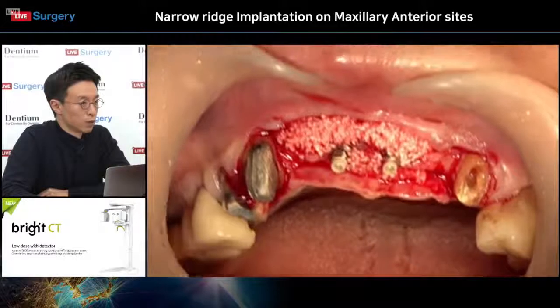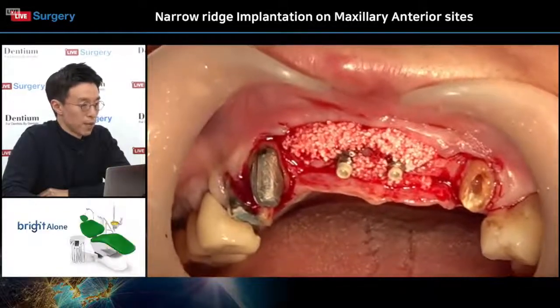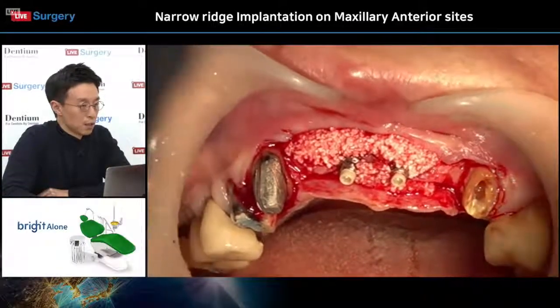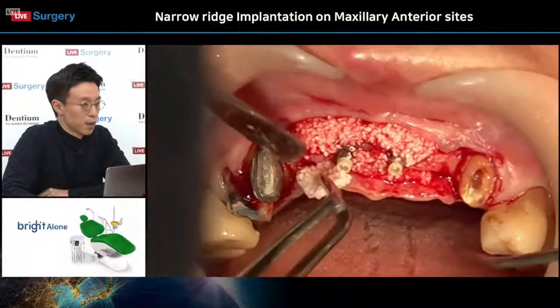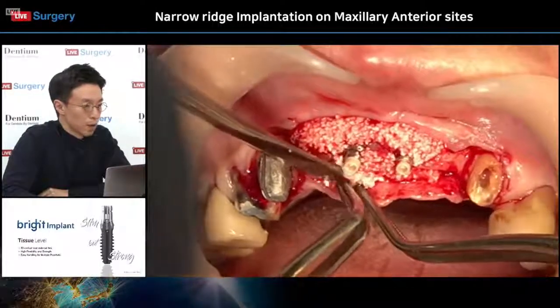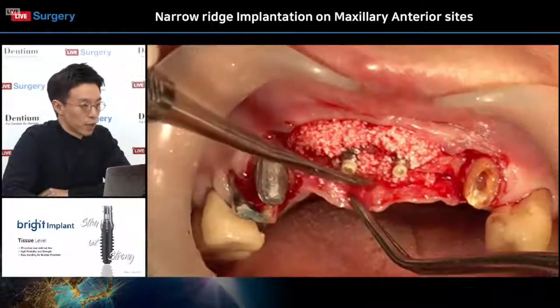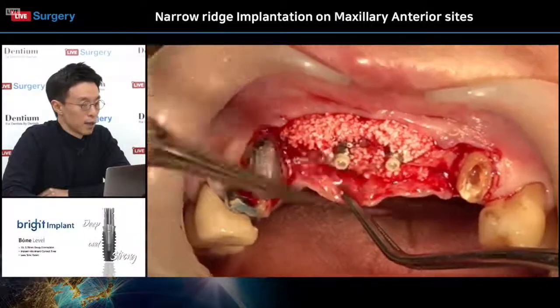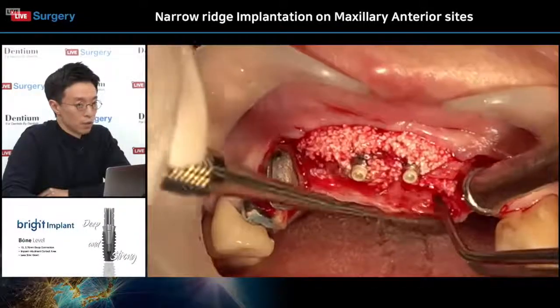He grafted Osteum-3 collagen at the labial side. He used 6 by 10 Osteum-3 collagen and 6 by 5 Osteum-3 collagen.